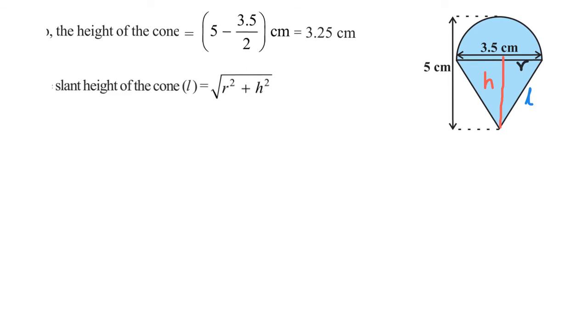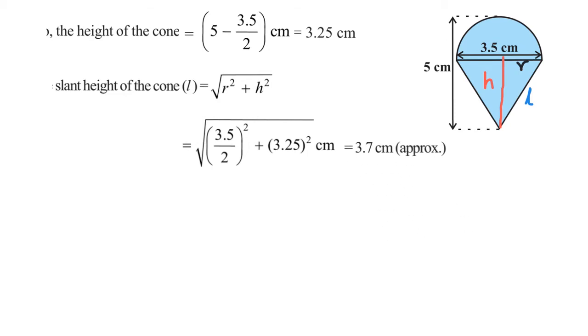R is the radius of the hemisphere, which is 3.5 by 2, and we already found out the height of the cone, which is 3.25. So plug in those values and you get the square root of 3.25 squared plus (3.5 over 2) squared. Simplify that, and that's going to be approximately equal to 3.7 centimeters. So now we know the slant height.